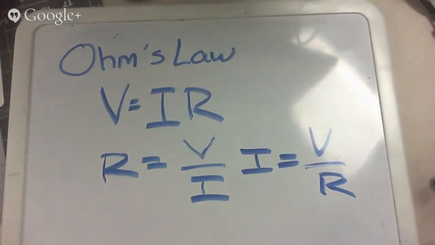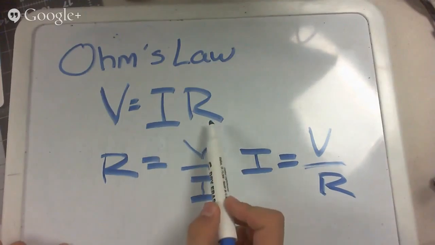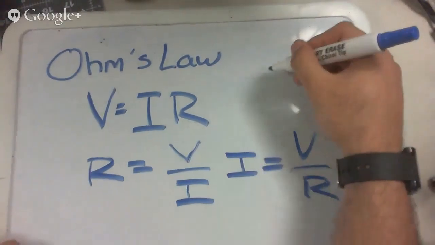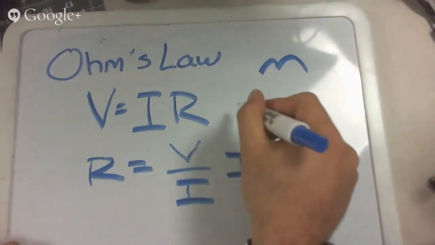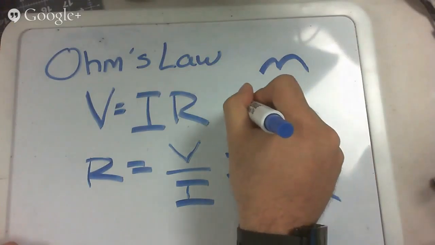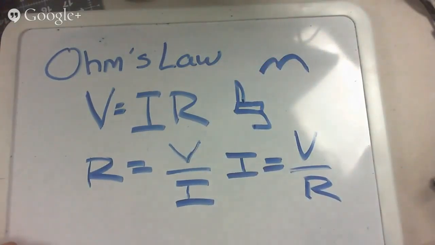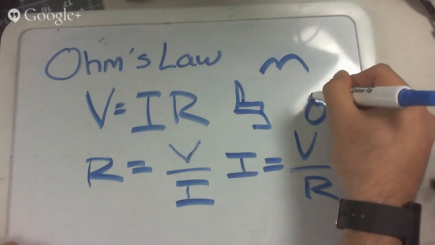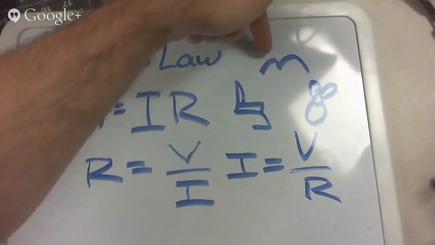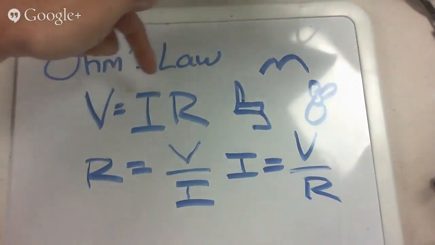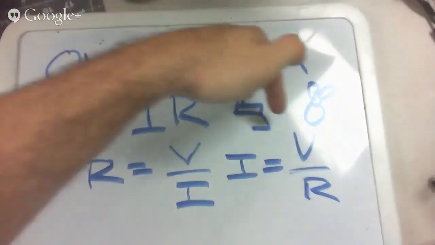Little thing that I remembered is, imagine the term V is a vulture, I is an Indian, R is a rabbit. If the vulture is up in the sky, and the Native American is down on the ground, as is our little furry bunny, the rabbit, now you can see the relationship. The vulture, the voltage, sees the Indian next to the rabbit.